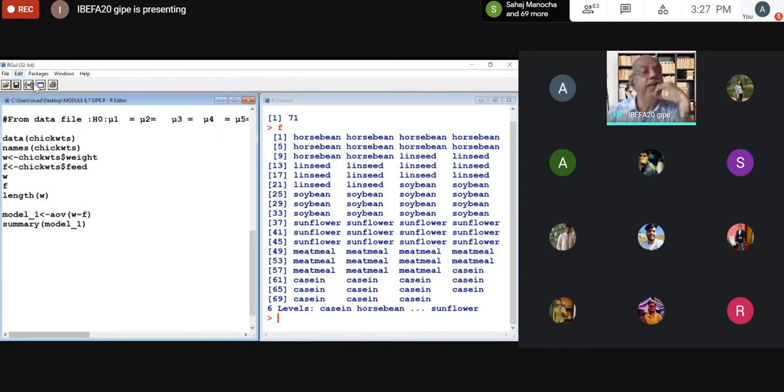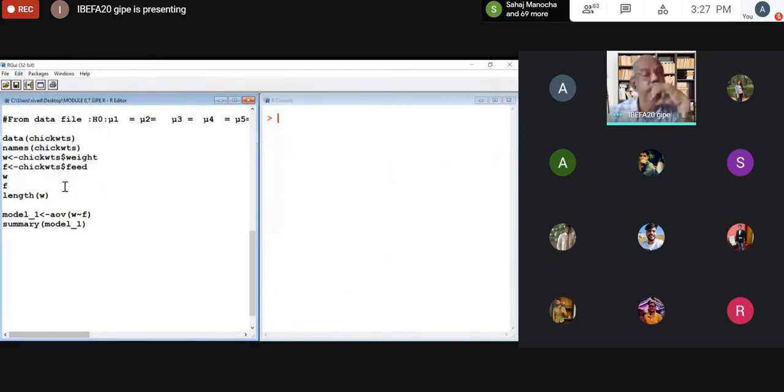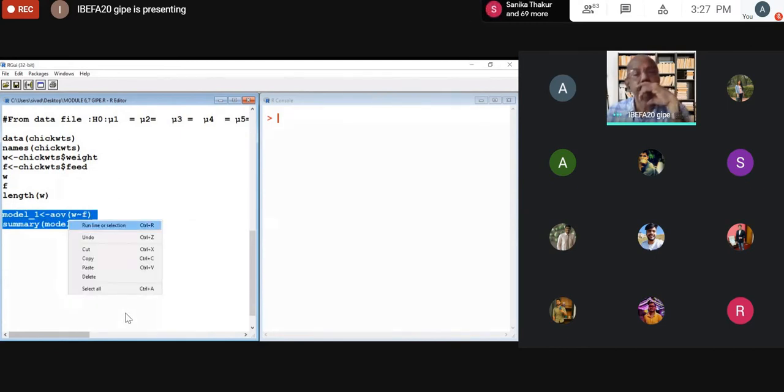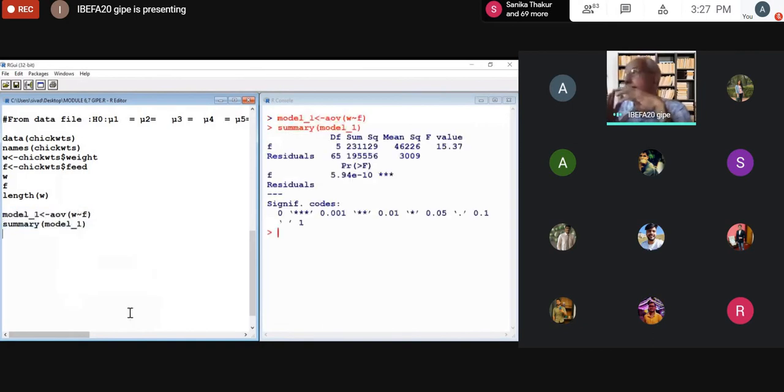So now you have the hypothesis. Model 1, weight with food, finished. Typing time reduced.